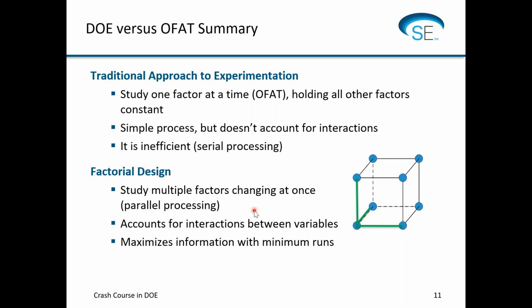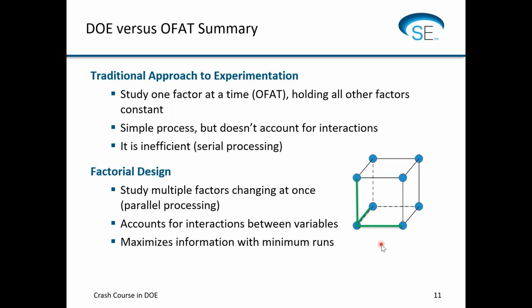We're going to have multiple factors changing at the same time, but in a very specific pattern, in a very specific way. In a factorial design, we're going to change each factor between a high and a low level, and we'll look at all the combinations that are possible, right? So low, low, high, high, high, low, etc. If we have 5 or more factors, however, we can generally take shortcuts. So we're not going to run all the combinations.